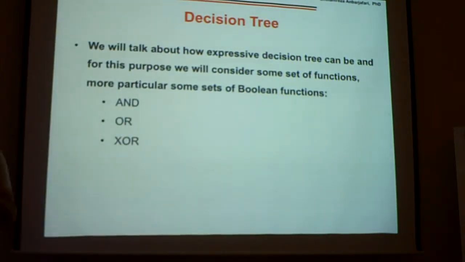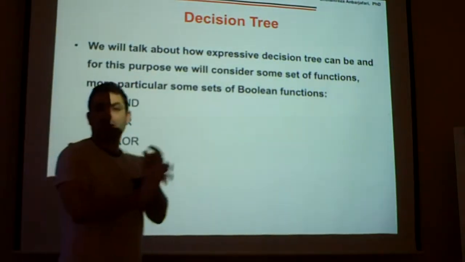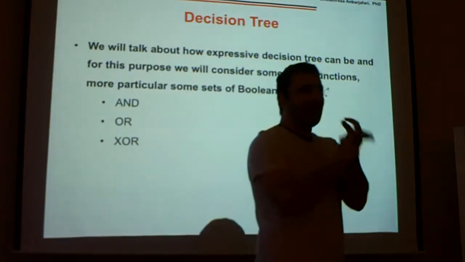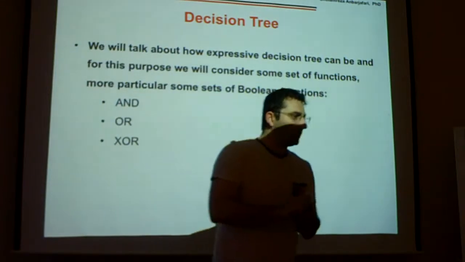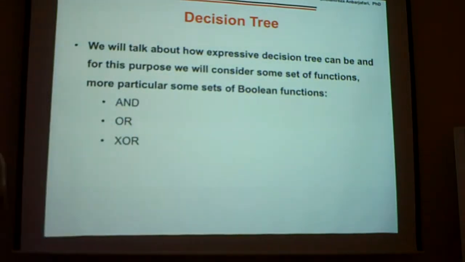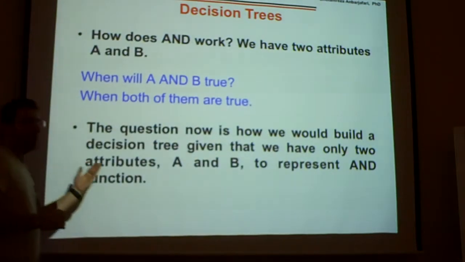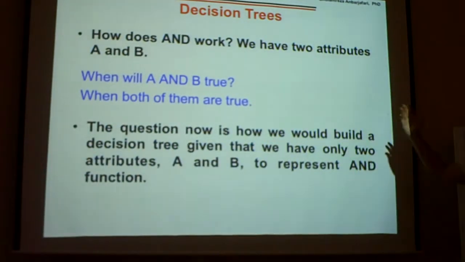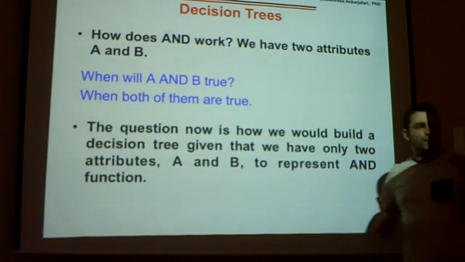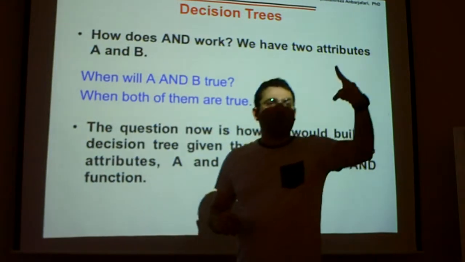Now, is there anyone who does not know what AND, OR, and XOR are? So we all remember these logics, right? So the question: how does AND work? Imagine we have only two attributes for the AND, like we have only two inputs.